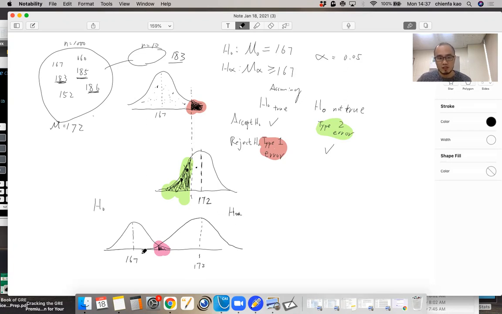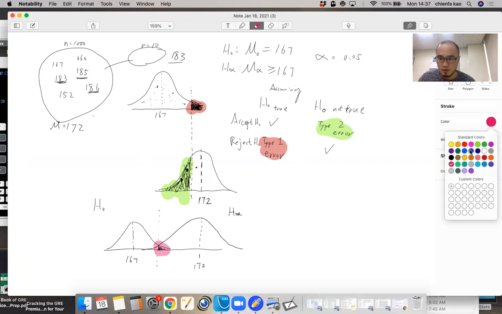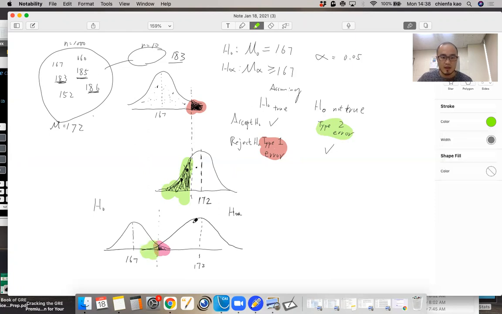But just like type 1 error, there's something called a type 2 error. Type 2 error occurs when you do not reject the null hypothesis in this area.